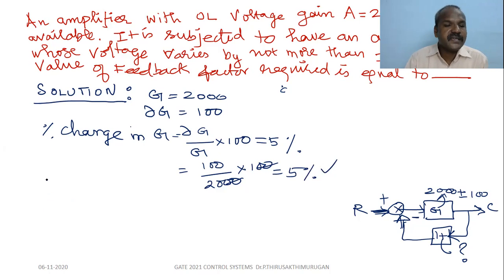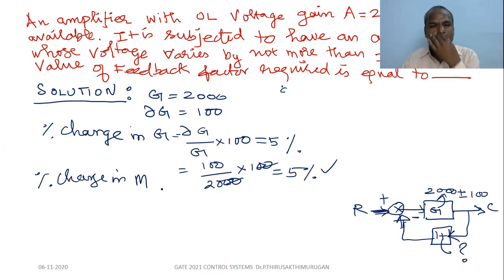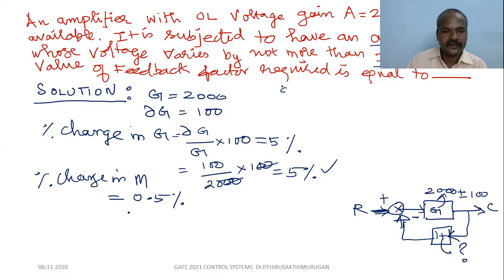So the percentage change in M is the overall gain. The overall amplifier voltage varies not more than 0.5. So the percentage change in M is 0.5%.